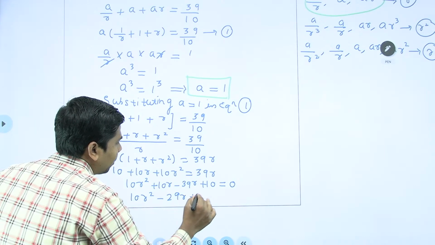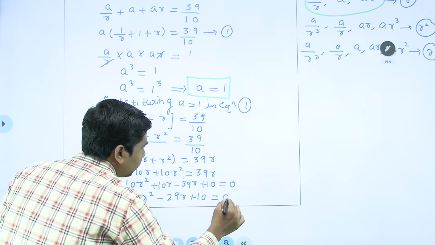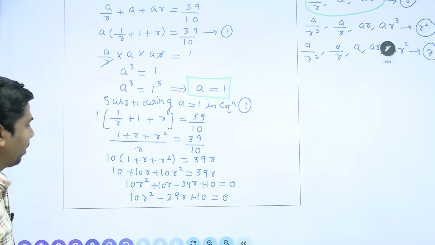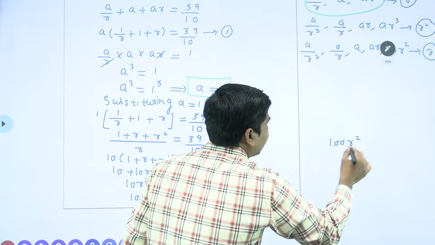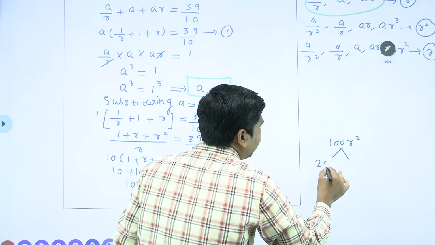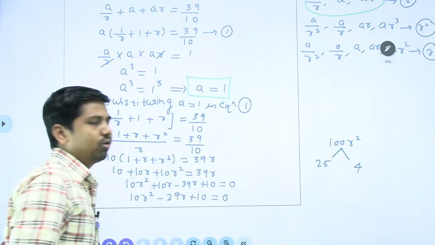29r plus 10 equal to 0. So if we factorize, 10 tens are 100, so 100r squared; we can go for 25 fours, and 25 fours is 100.